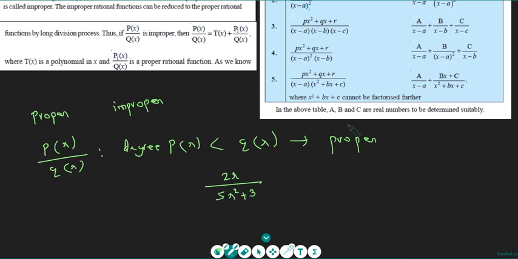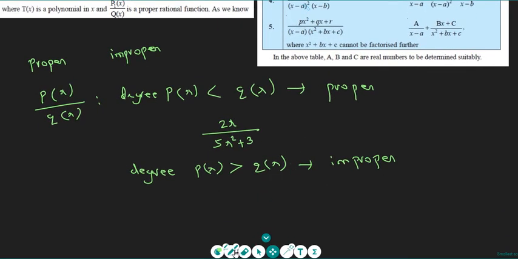This is a proper fraction. Otherwise, if the degree of p of x is greater than q of x, then it's called an improper fraction.